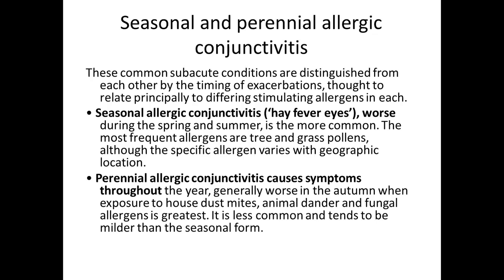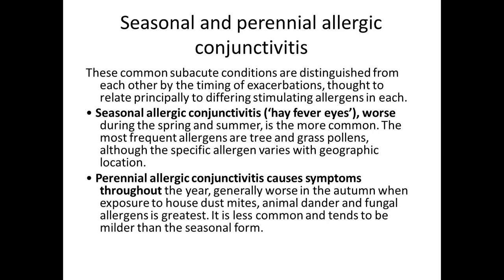So that acute allergic conjunctivitis is a type of allergic conjunctivitis, while seasonal and perennial allergic conjunctivitis are other types too. So they're actually subacute, while the other one is acute allergic conjunctivitis. So what is the difference between these two in terms of duration, and what time of the year they play? In the seasonal one, as the name implies, it is seasonal.